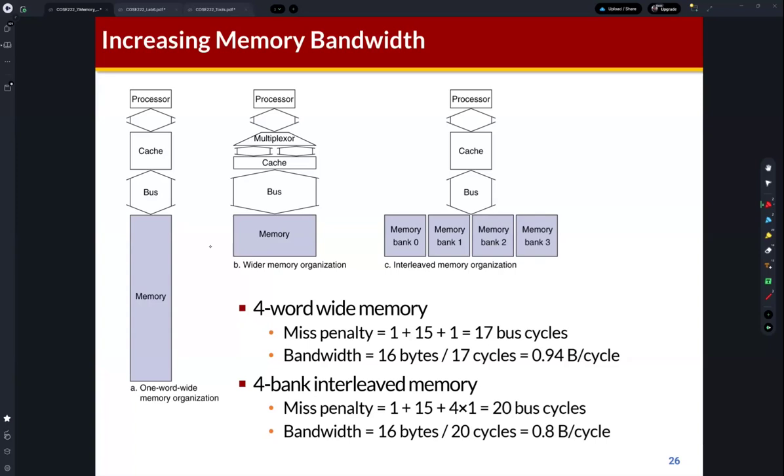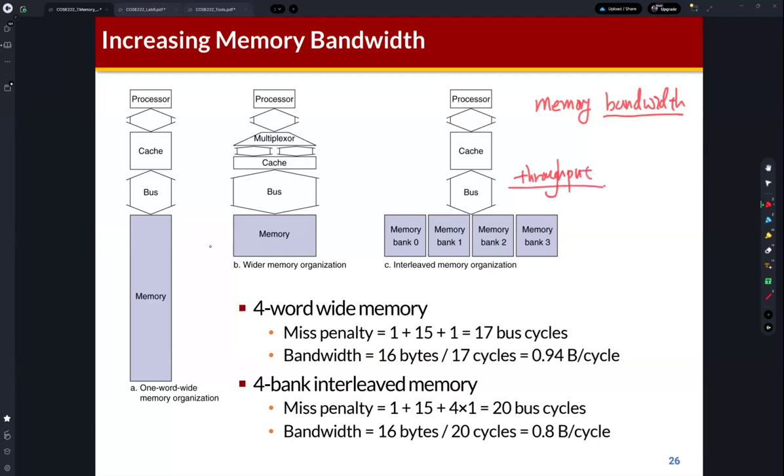I believe some of you have heard the terminology, memory bandwidth. Actually, we learned about throughput, right? So what is throughput?